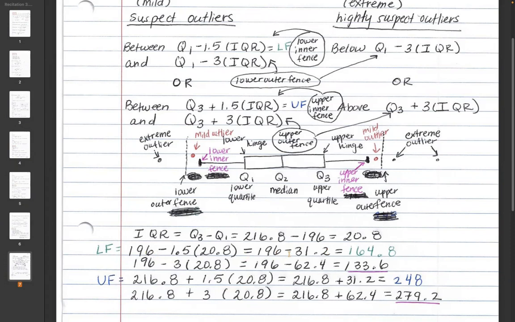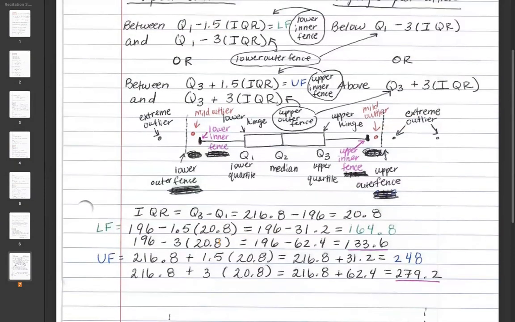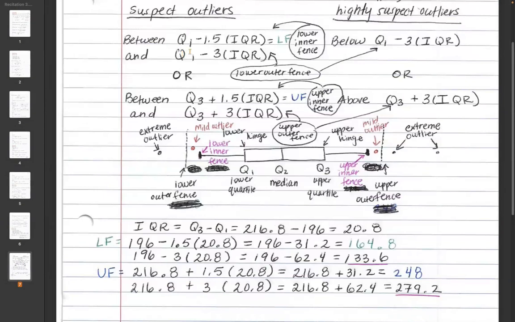So I calculated the fences by using the formulas. I first did the lower inner fence, which is quartile 1 minus 1.5 times the interquartile range, which is 20.8, and so you get 164.8. The next one I did was quartile 1 minus 3 times the interquartile range, and you get 133.6.